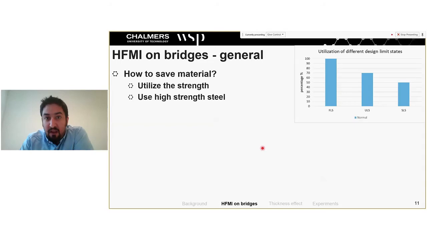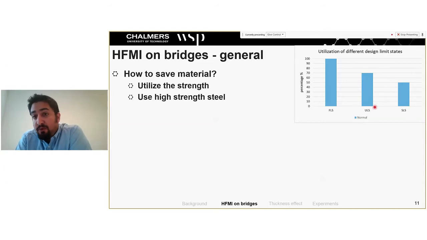So if you look at this chart here, it describes the utilization of different design limit states for a typical bridge. This is not far from reality, which says that in a normal case, you have the fatigue limit state being utilized to 100%. In other words, it is determining the dimensions of the bridge. This makes the other two design limit states be lower or competing.